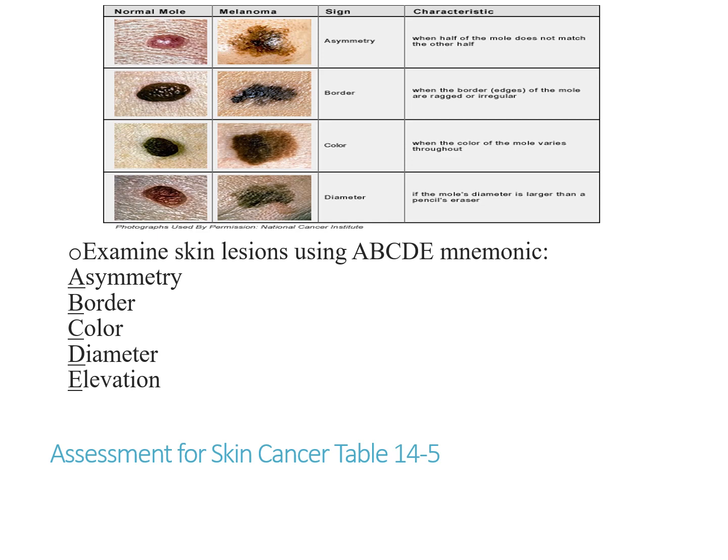So here's another picture of these different types of skin cancer, and we use the mnemonic A, B, C, D, E. So we anticipate that when you're assessing and observing for skin cancer, that there may be asymmetry to that mole, that the borders may be jagged and irregular, that the color may be inconsistent, and you can see in these pictures how some of the colors are inconsistent there, that the diameter may be larger, and they may have some elevation.